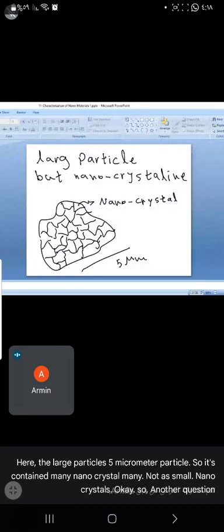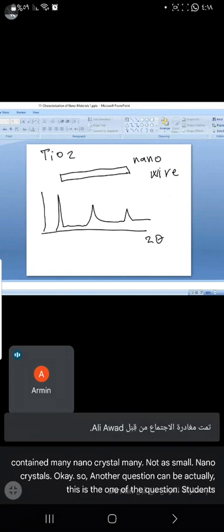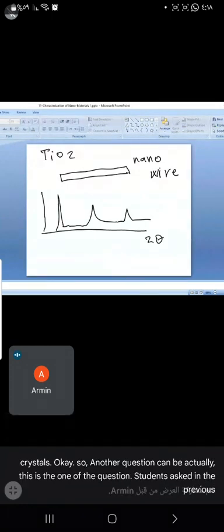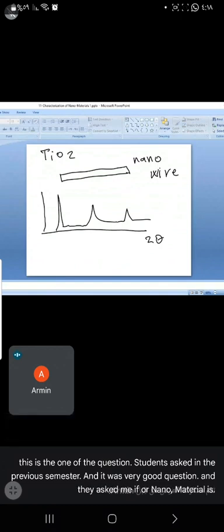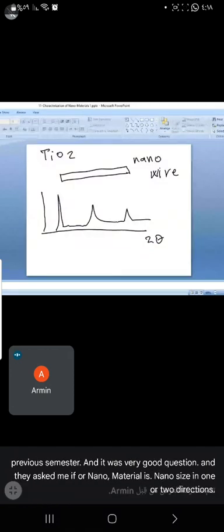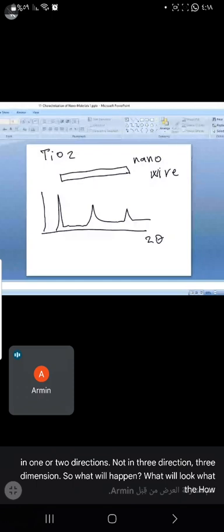Another question, actually one of the questions the students asked in the previous semester, and it was a very good question. They asked me: if our nanomaterial is nano-sized in one or two directions, not in three dimensions, what will happen? How will the XRD pattern look?